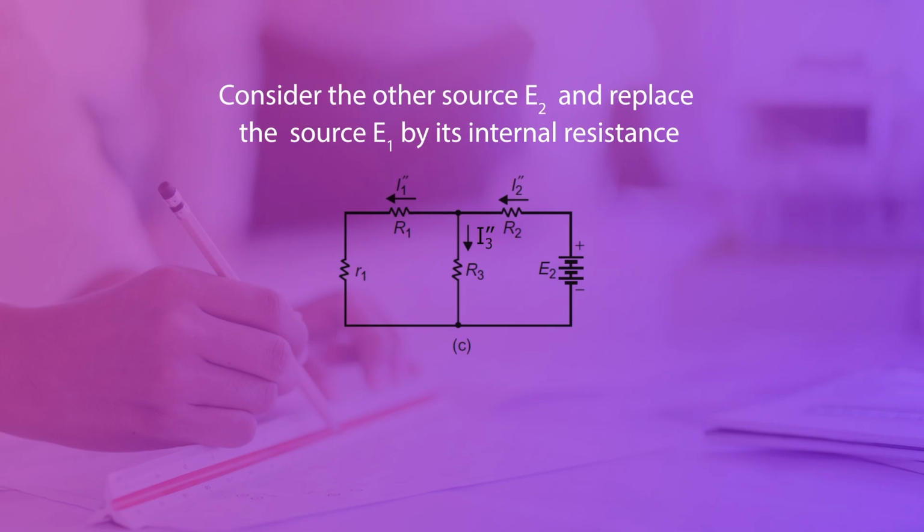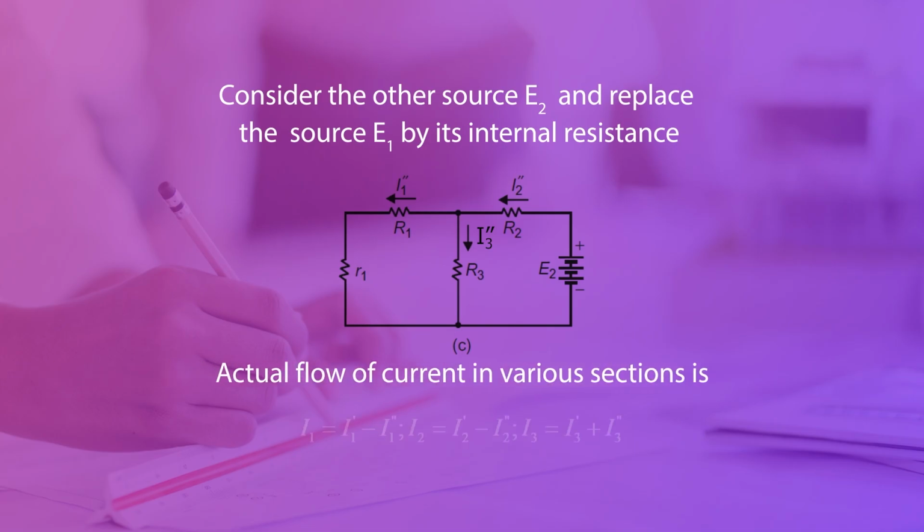Now you have calculated the currents I1 dash, I1 double dash, I2 dash, I2 double dash, I3 dash and I3 double dash. As per the superposition theorem, the current will be equal to the algebraic sum of the responses when you consider one source at a time and the remaining sources are replaced by their internal resistance.